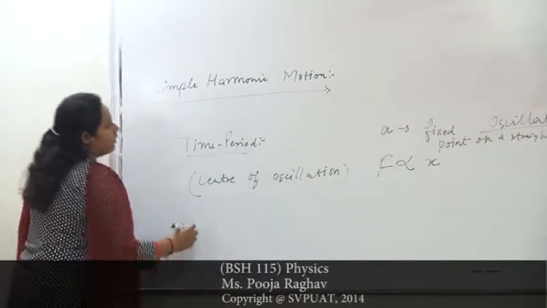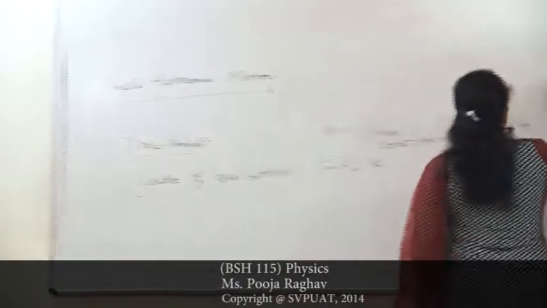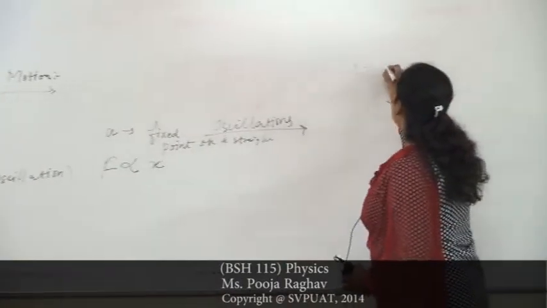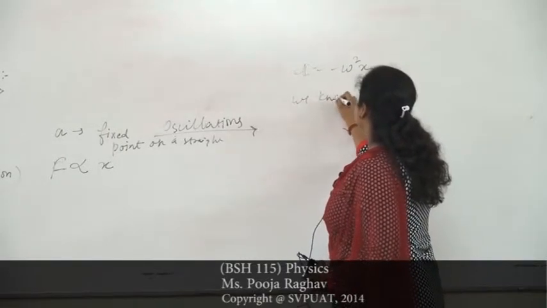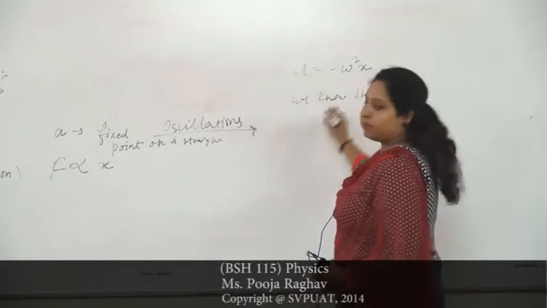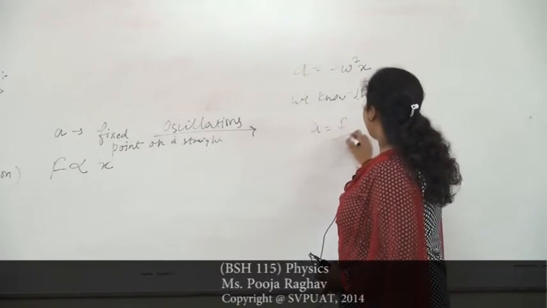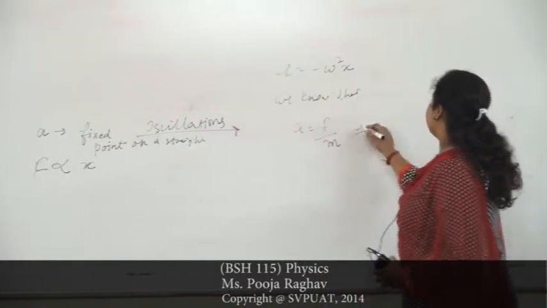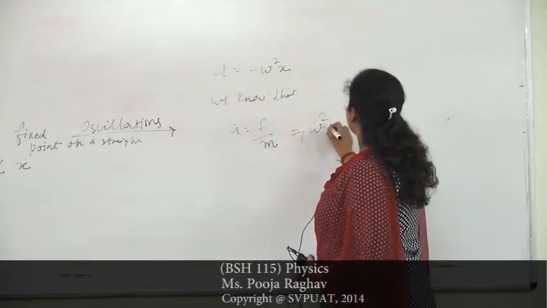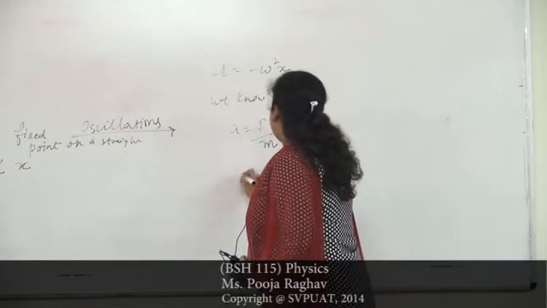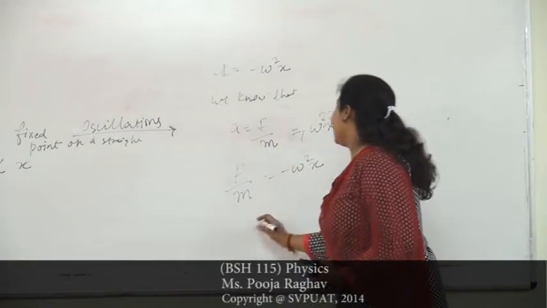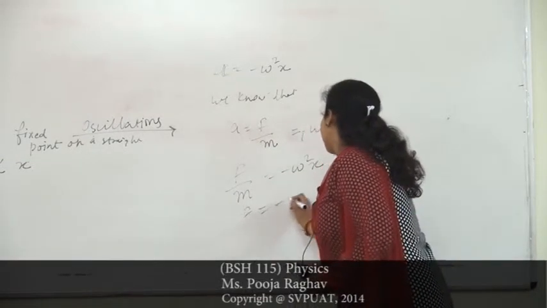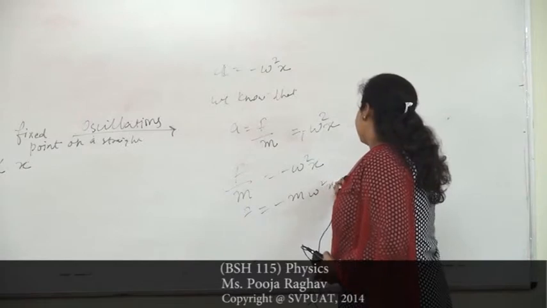That means if we calculate acceleration, the acceleration equals minus omega square x. We know that acceleration equals force upon mass, then F upon m equals minus omega square x, so the force is minus m omega square x.